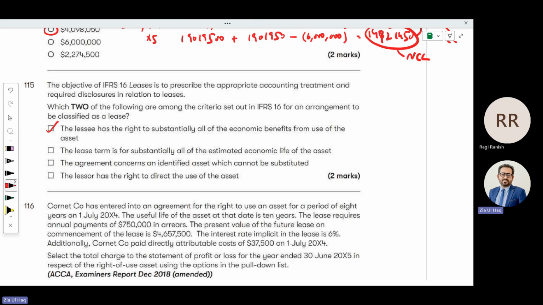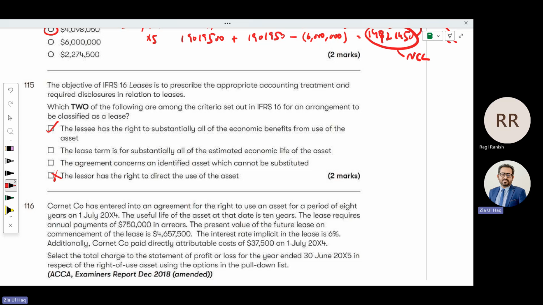The agreement concerns an identified asset which cannot be substituted. The lessor has the right to direct the use of the asset. No, he cannot direct the use of the asset.